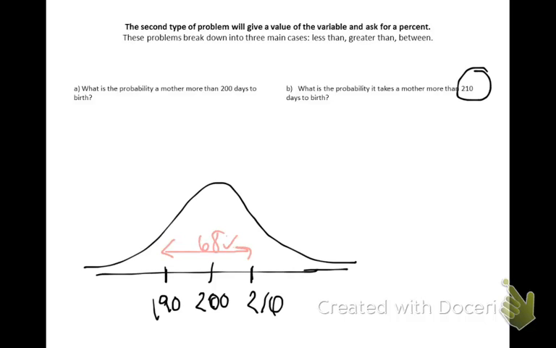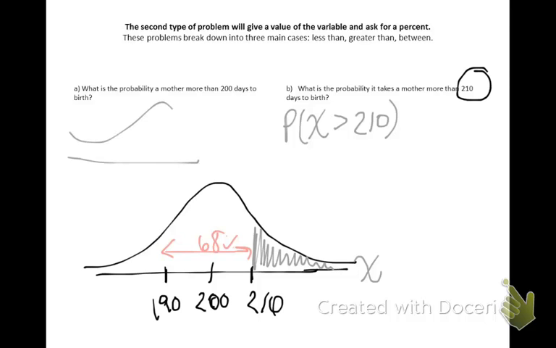Now we're ready to shade the area. We want to know the probability it takes more than 210 days. That's 210 or more. That's the probability that x is greater than 210. Take the 100%, which would be the total area underneath the curve. So take your entire curve and subtract out the part you know about.